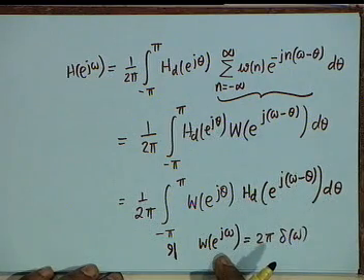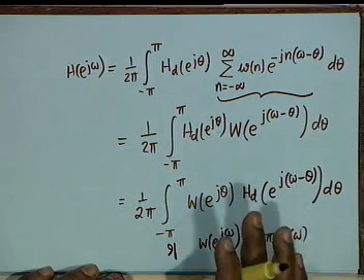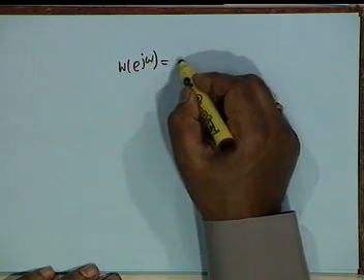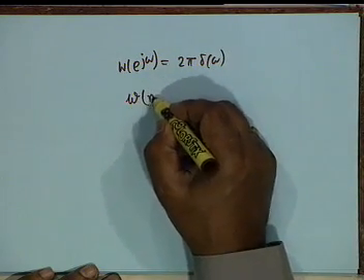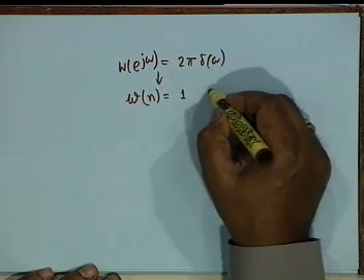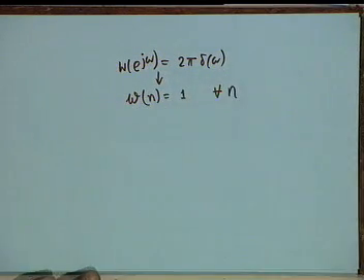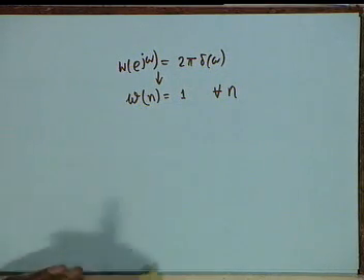Therefore, what we should aim for is a window whose spectrum is a delta function. Now that is not surprising, because if W(e^(jω)) is equal to 2π δ(ω), then what is w[n]? It is 1 for all n, isn't that right? In other words, there is no truncation. w[n] equal to 1 for all n, therefore it becomes again an IIR filter.